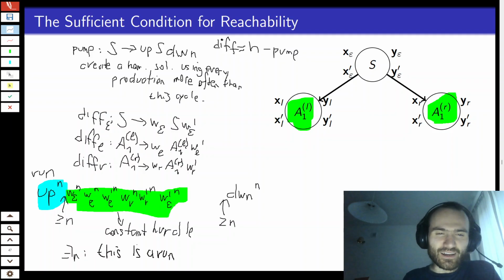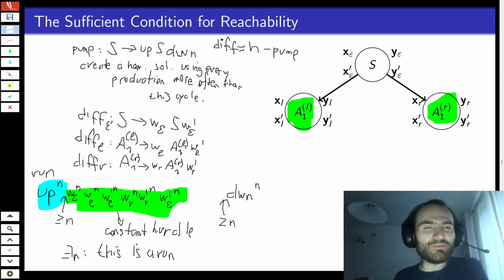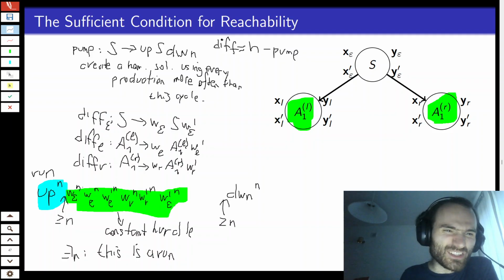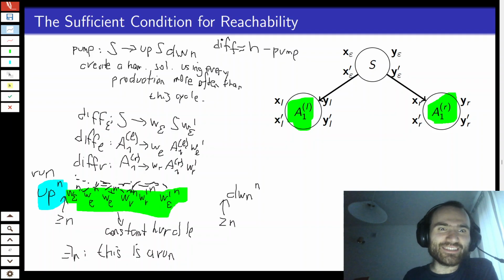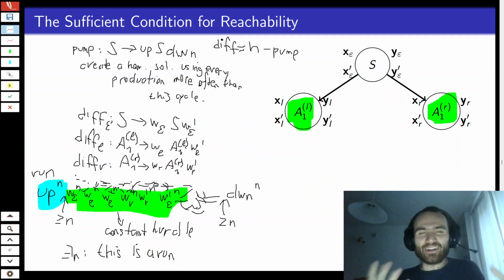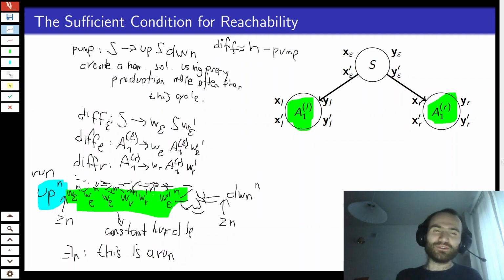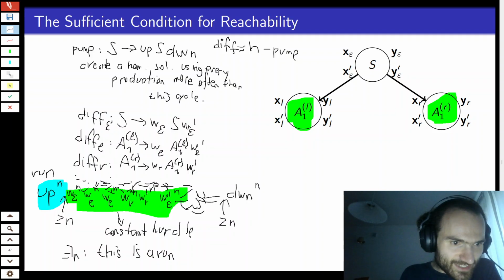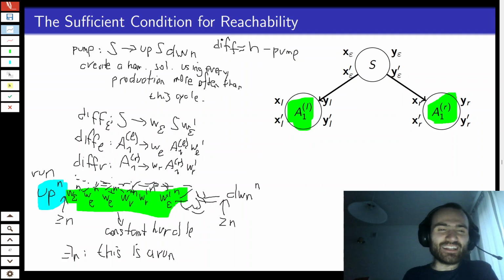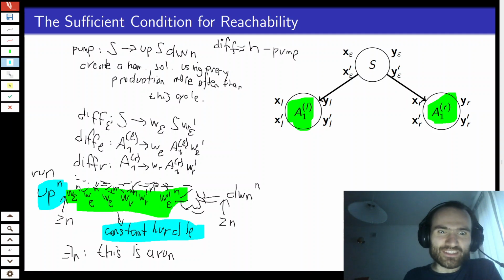I have not put the Z run in, but you can now imagine I have to insert a little bit of garbage everywhere in this run. There are a lot of locations in this run where I will insert a lot of garbage, but still, this is a constant amount of garbage. The Z run is constant. So if I insert this constant amount of garbage, that is the Z run, then this still only has constant hurdle in the middle, and I'm still linear here and here.